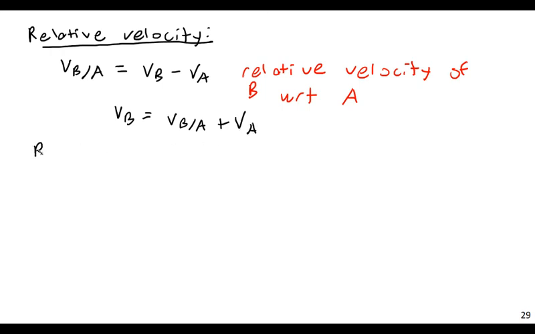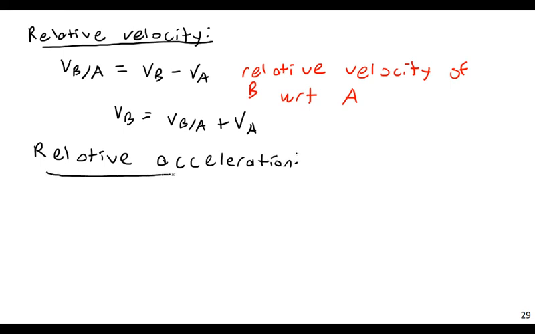And then relative acceleration, I think you know where this is going by now. The relative acceleration ABA is going to be AB minus AA. Hopefully you won't need that by the end of this class.